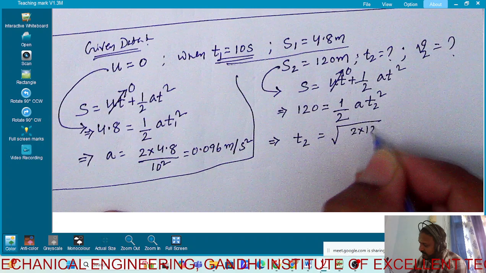Next, with what velocity is it going to strike the water? Which formula? V is equal to U plus AT. So initial velocity is 0, acceleration is 0.096 into how much? Into 50. Okay. So what is the answer?